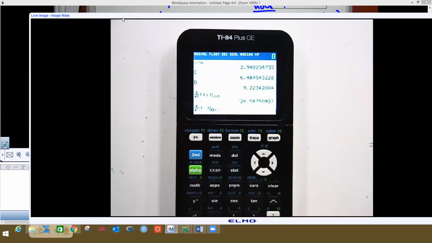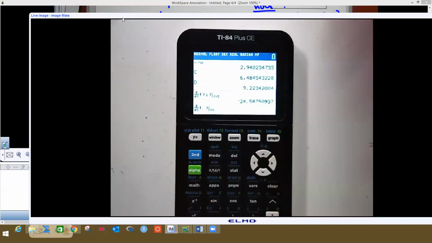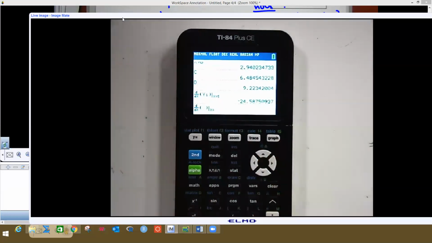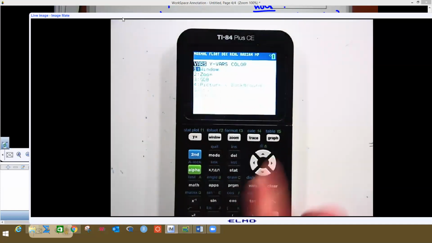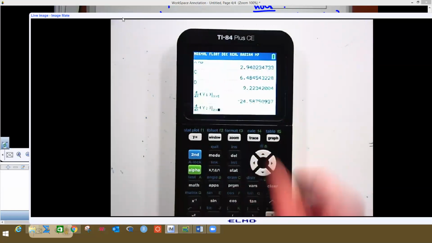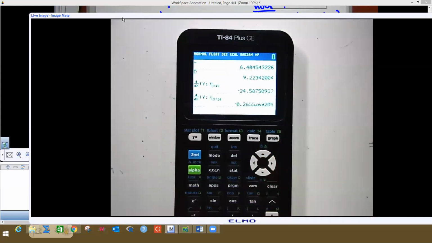So there's my math 8, and I used X instead of V. And this says we want it at W prime at 20. So this is in Y2. So I hit vars. I arrow to the Y vars. It's a function. I hit 1. But now I got to go down and hit 2 to get Y2 in there. And I wanted that when the velocity, or the V, was 20. So I put 20 in there and I hit equal. And there is the approximate answer of that problem.